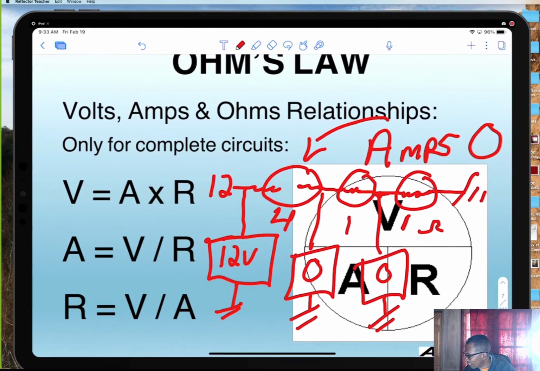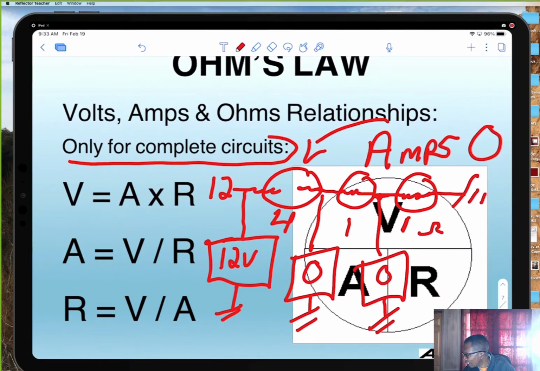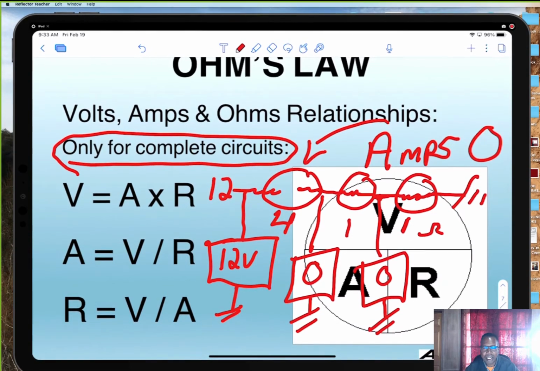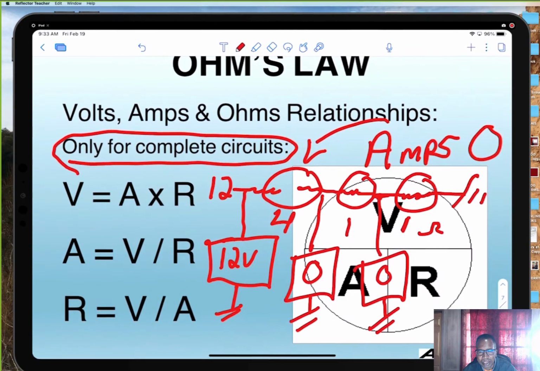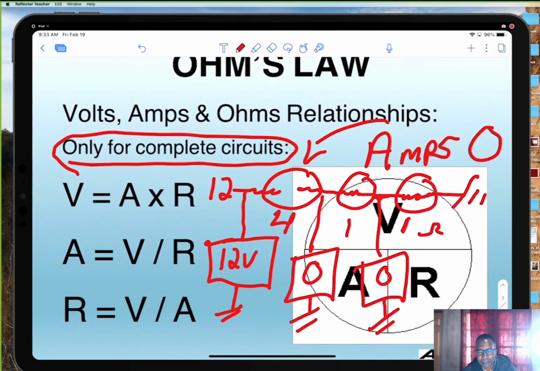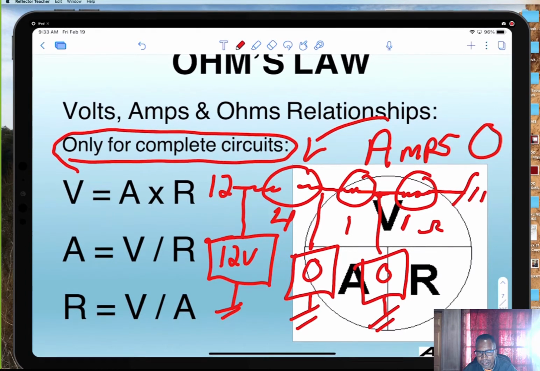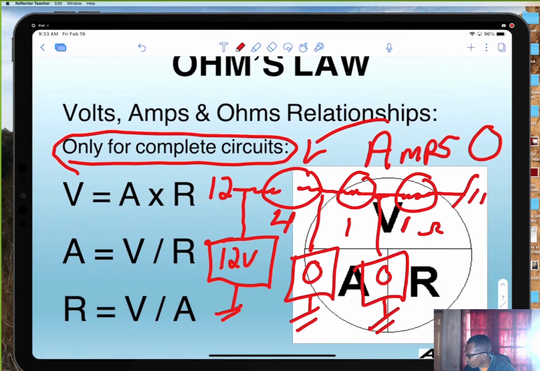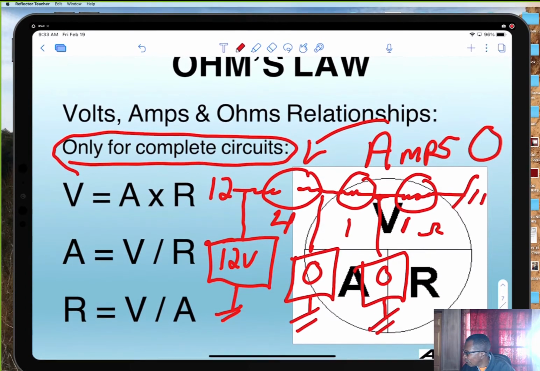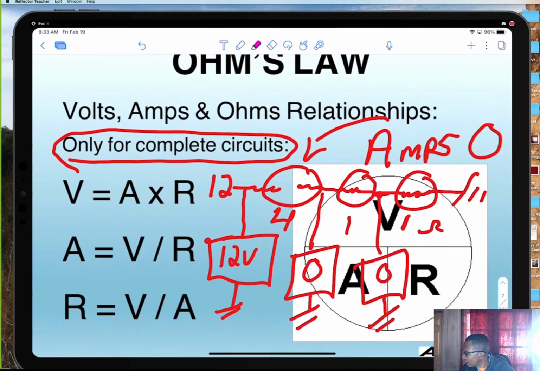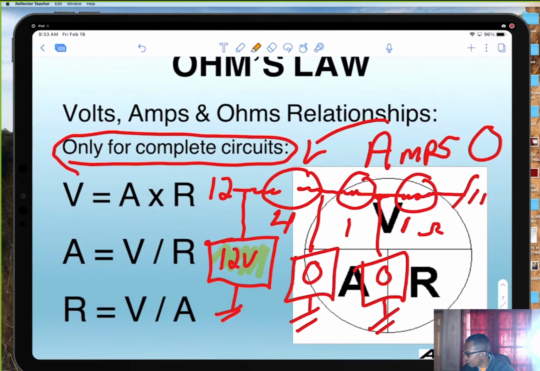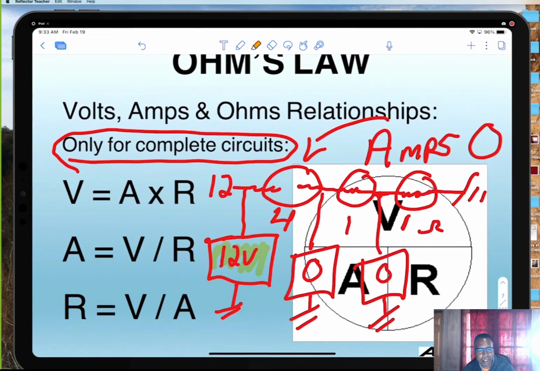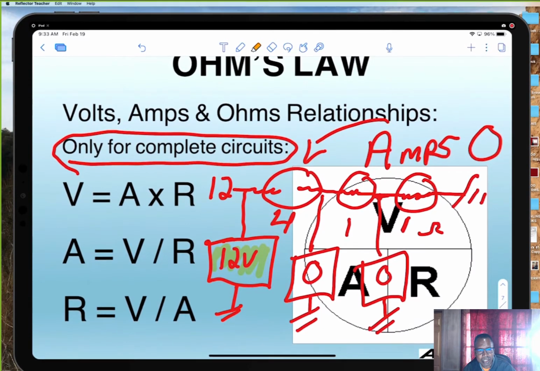This one statement right here: the only way you're going to have a voltage drop and current is if the circuit is complete. Remember, the only reason you see voltage in that box there, anybody remember the name of that, the term I said earlier?